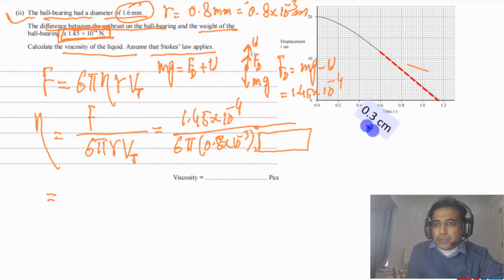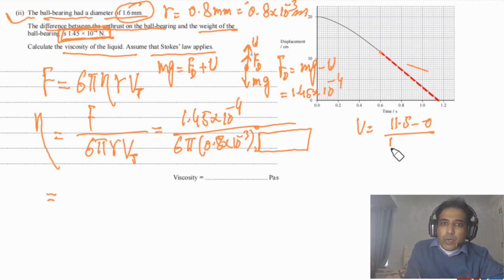And so from here, simply we can calculate the value of V. V will be equal to, at this point we have the value of displacement, that is about 11.5, and here displacement is equal to 0, and we have the value of time here, and here. The value of time here is 1.15, and here the value of time is 0.6.